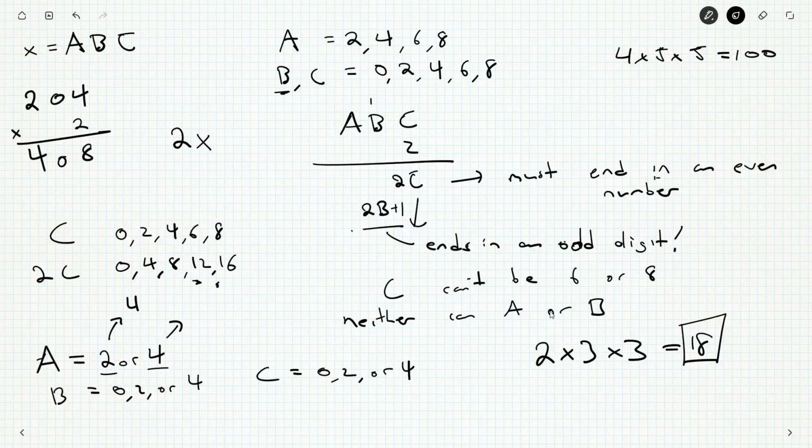And whenever A is 4, 2x starts with an 8. The B goes to 0, 4, and 8. There's no overlap. There's no problems. All of these are going to work out because all these digits just double. They don't interfere with each other by carrying 1s or 2s or anything like that. So yeah, all 18 work.